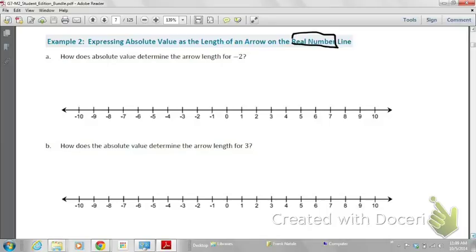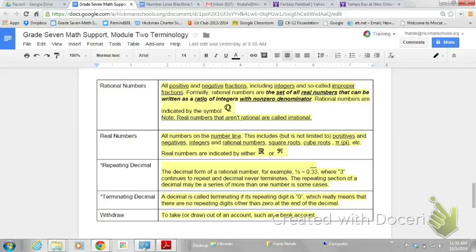So let me go grab that again, and let's look at the definition of what a real number is. Here we have our terminology sheet again, and we have real numbers: all numbers on the number line. Real numbers are any number that could actually exist on a number line. Now, read this along with me.